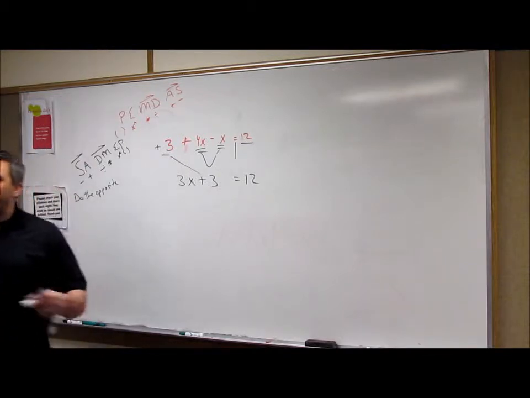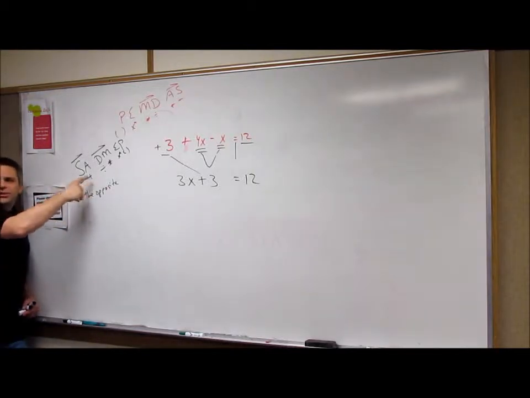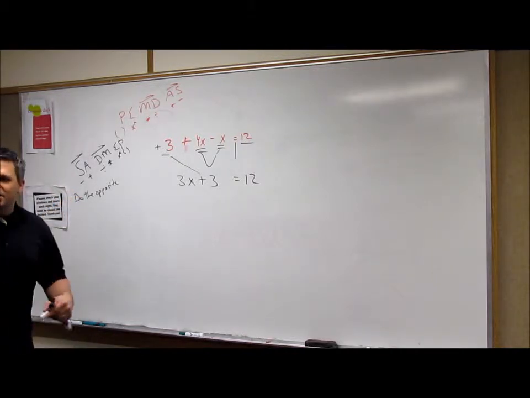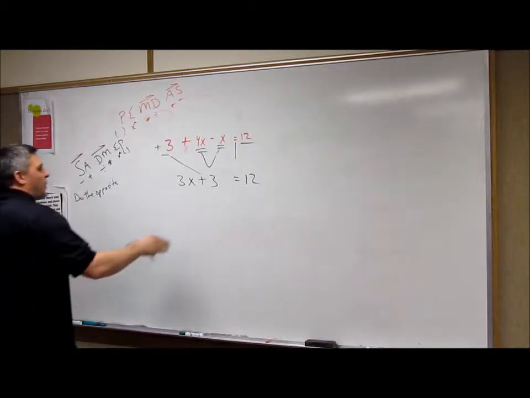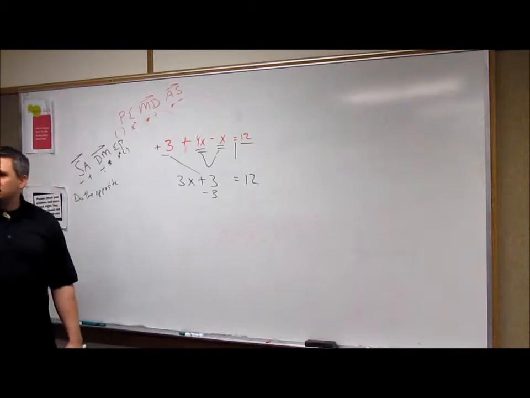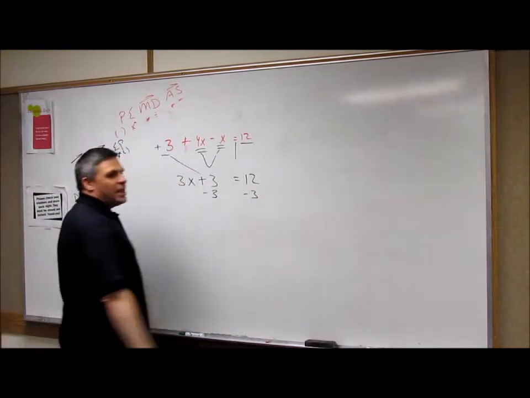So whatever's happening to the x, whatever is subtracting or adding to the x, I'm going to add or subtract the opposite. That's all. I just look at it as add the opposite. Okay? So, I'm adding 3. I'm going to add negative 3. But what I do to one side, I have to do to the other.